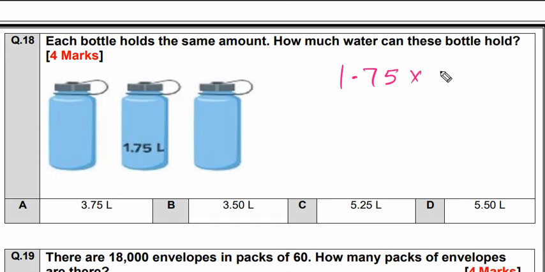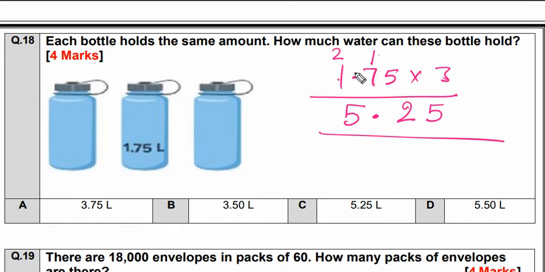1.75 times 3. 3 times 5, 15. Carry forward here. 3 times 7, 21. 21 plus 1, 22. 3 times 1, 3 plus 2 is 5.